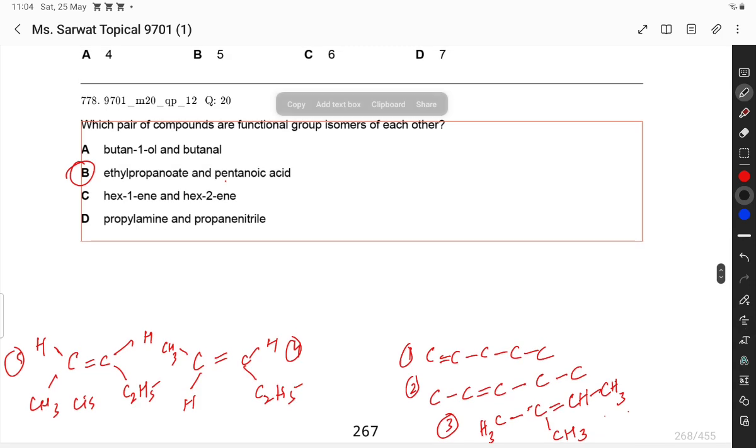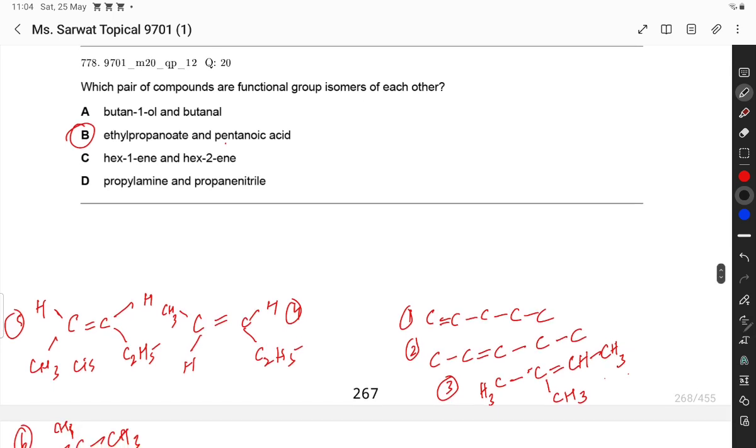Which pair of compounds are functional group isomers of each other? Butan-1-ol and butanal: this is an aldehyde and this is an alcohol. Alcohol and aldehyde are not isomers of each other, so this is incorrect. Ethyl propanoate and pentanoic acid, yes.